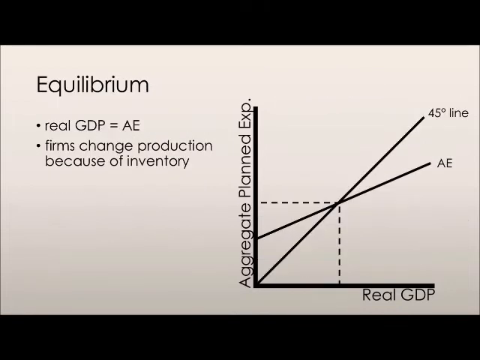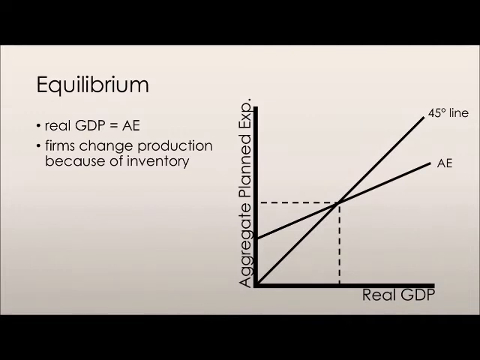When we talk about equilibrium, we want to find the point at which real GDP is equal to aggregate expenditure. And so we're going to enlist the help of the 45-degree line once again. And the 45-degree line again has a slope of 1. So it's going to be telling us where aggregate planned expenditure is equal to real GDP at all points.